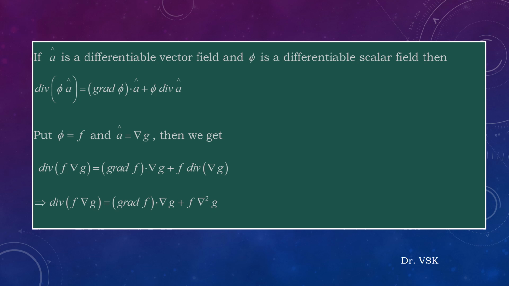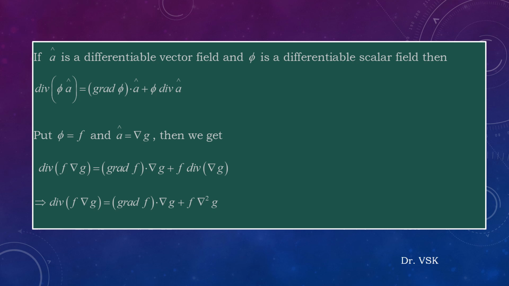If we replace phi with f and a cap with del g, we get div f del g as our LHS and grad f dot del g plus f div del g on the RHS.